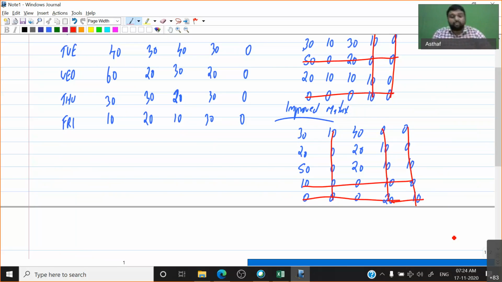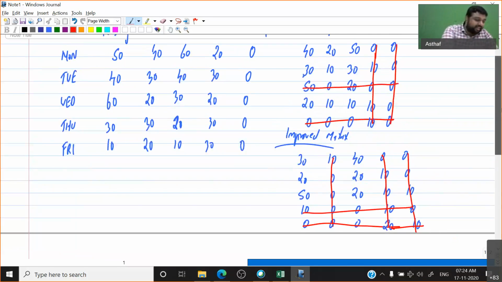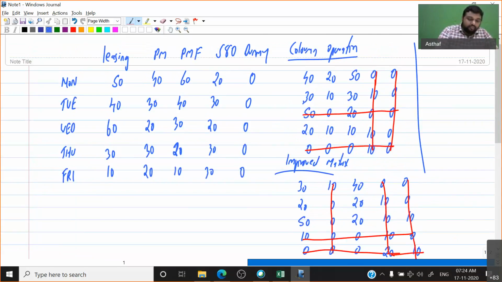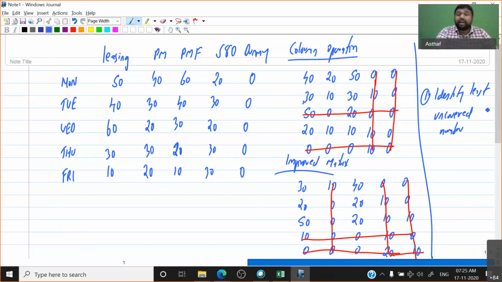So what did we do for the improved matrix? Improved matrix, very easy steps. First thing, we have to identify the least uncovered number. What is the least uncovered number? Uncovered means the red color is not there. The least number is 10.